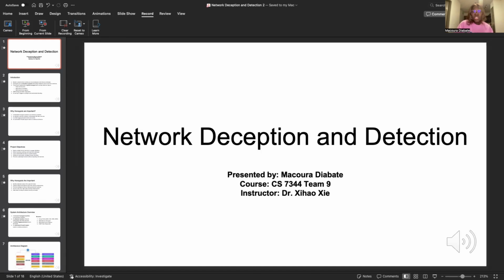This project demonstrates a multi-layer honeypot system designed to detect reconnaissance, credential harvesting, and scanning activity within a network. The honeypot operates as a deceptive target, enabling the collection of attacker behavior without risking the actual system. Throughout this presentation, the architecture, implementation, and security benefits will be discussed.